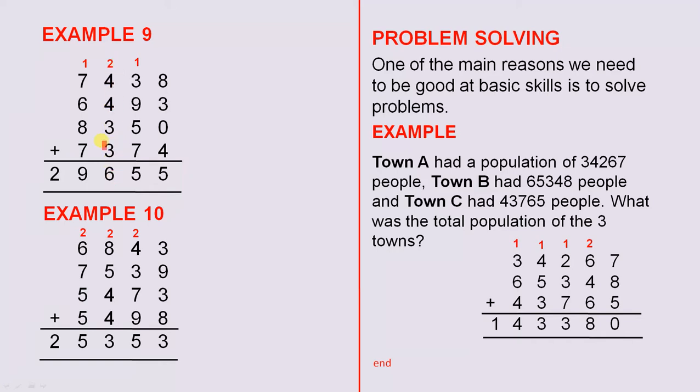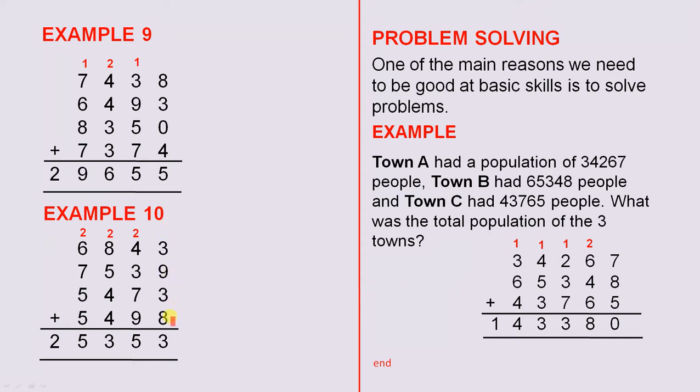Put the 6 there and the 1 in the thousands column. 7 plus 8 plus 6 plus 7 plus 1 gives us 29. So the answer is 29,655. So this is one lot of 10, two lots of 100, and one lot of 1,000.